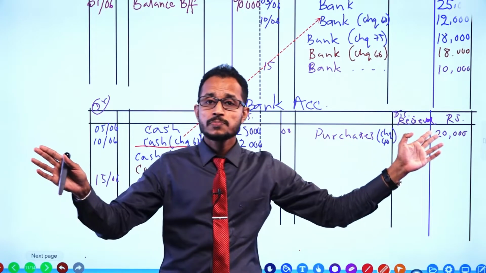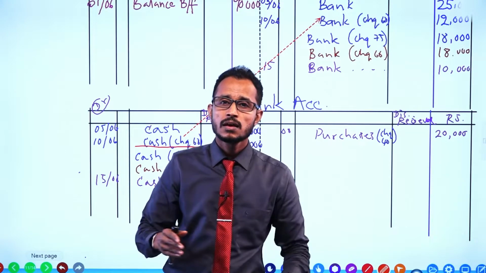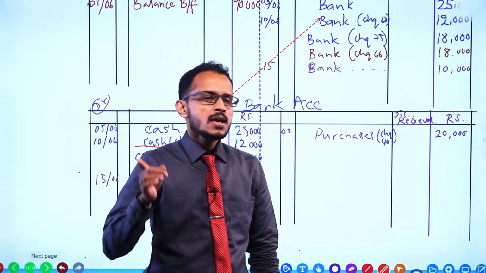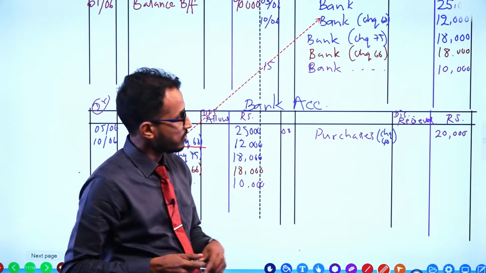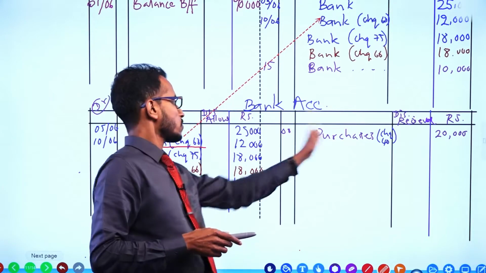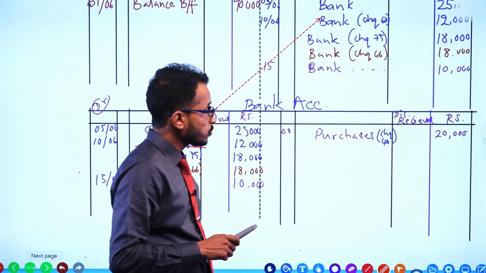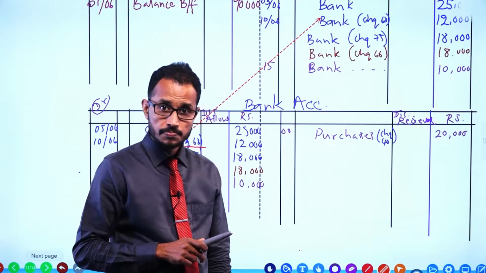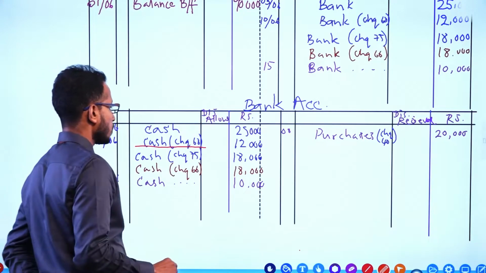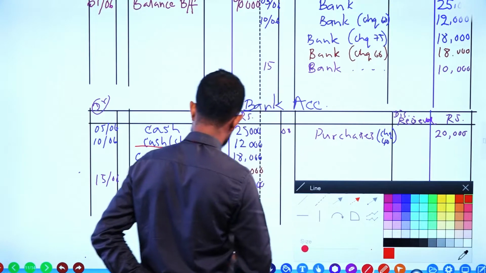So what we do is we reverse. Is that what we do? No, we don't put to the cash book debit and bank book credit. Yes, we have to credit the bank book.